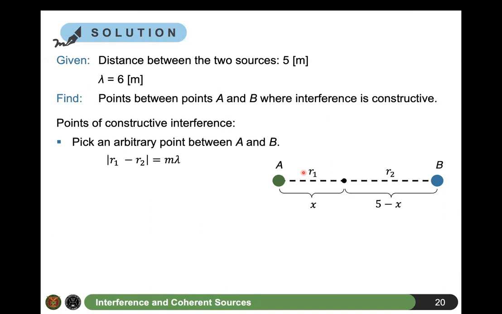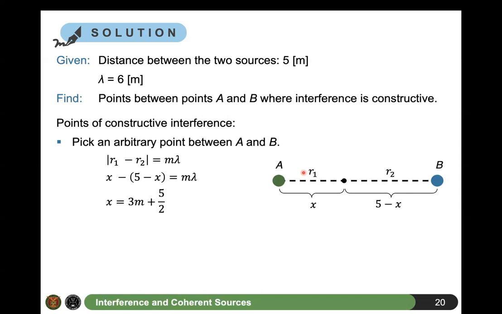Para X plus 5 minus X is equal to 5. Yun yung total distance from A to B. So, R1 minus R2 is X minus (5 minus X), kunin yung absolute value. That will be 2X minus 5.